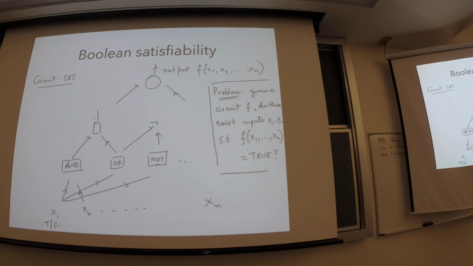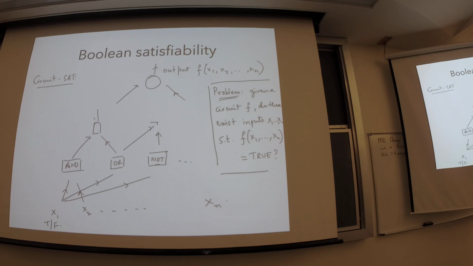If you have a circuit, then it's basically the satisfiability problem you're asking. You have to find the values for the inputs of the gates. Now the question is, what is the value for the input of the gate that makes it satisfiable?